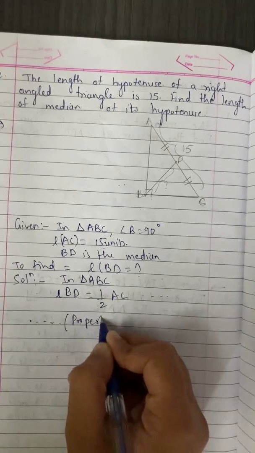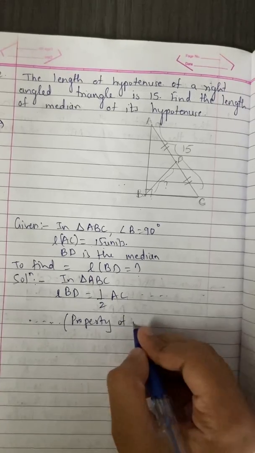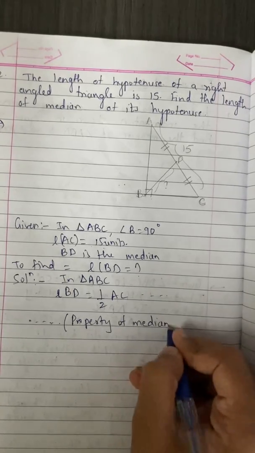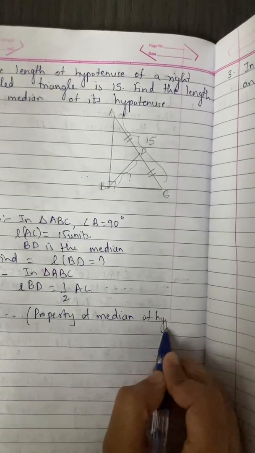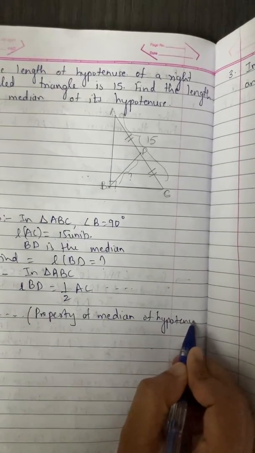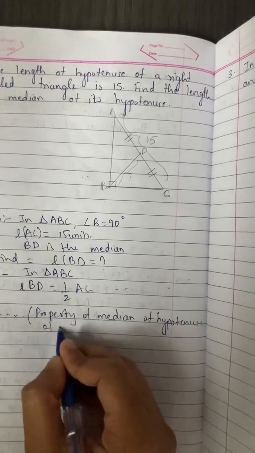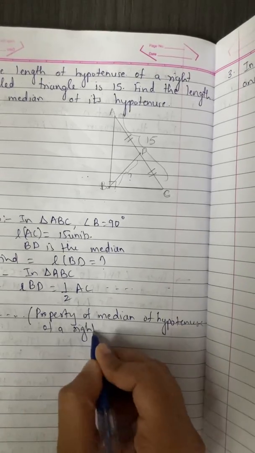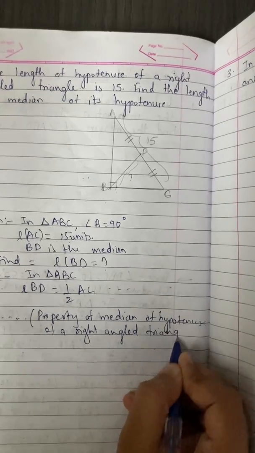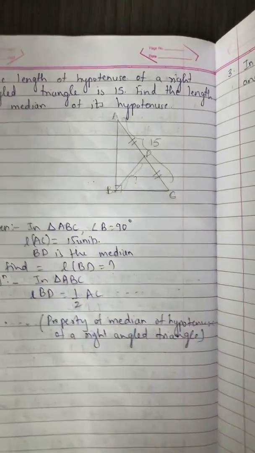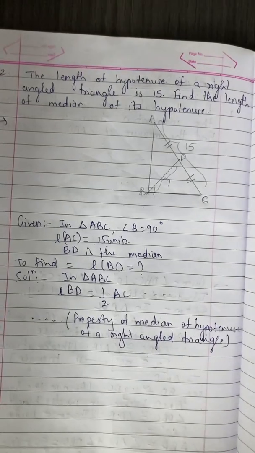Property of median of hypotenuse of a right angled triangle. Okay, so reasons you have to mention, otherwise examiners are going to cut your marks.